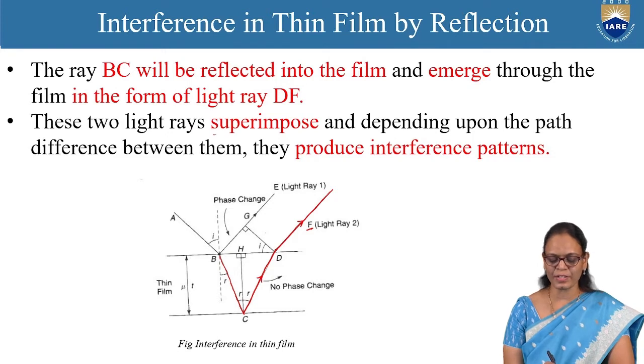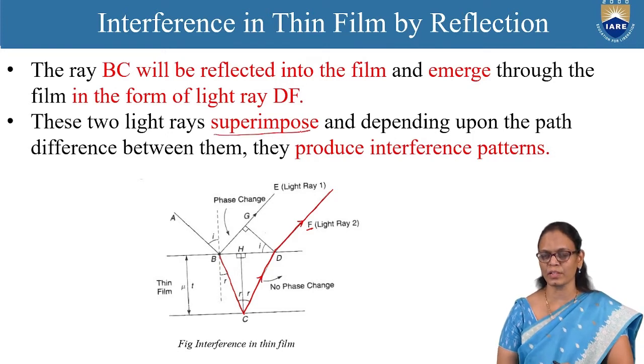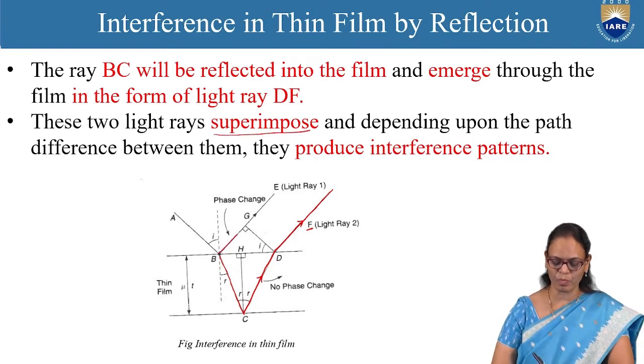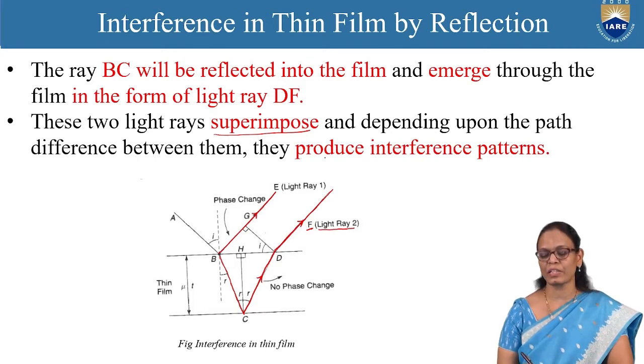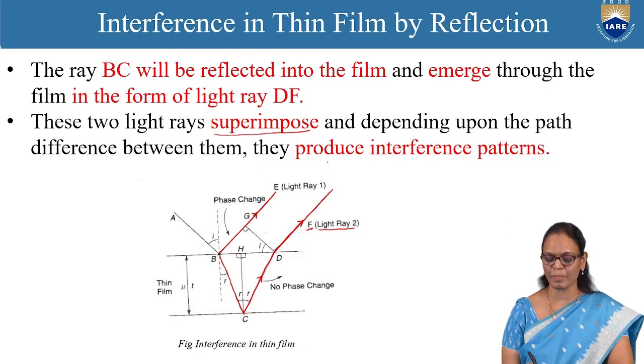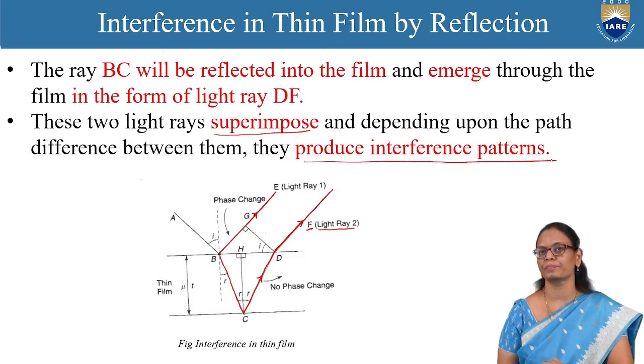Now these two light rays will superimpose: light ray 1, represented by BE, and light ray 2, represented by DF. When they arrive at a point simultaneously, they superimpose, and depending upon the path difference between them, they produce an interference pattern. This is what we need to understand with the help of this diagram.